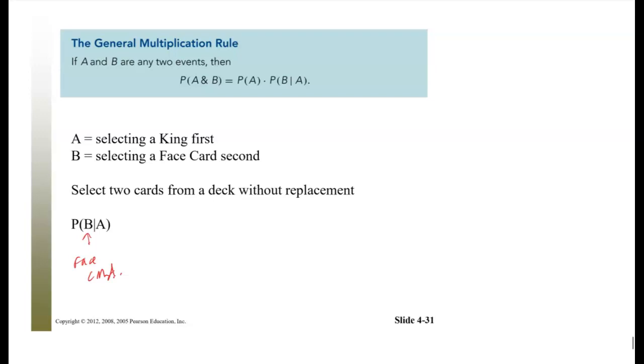So before we continue with this, let's first talk about what is this probability of selecting the face card given that we selected a king first.